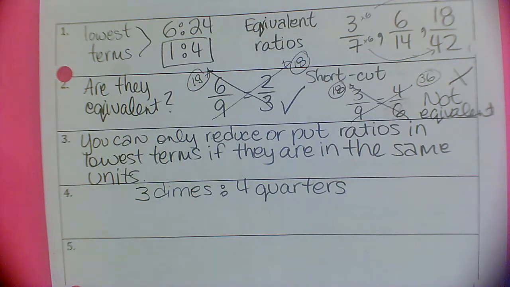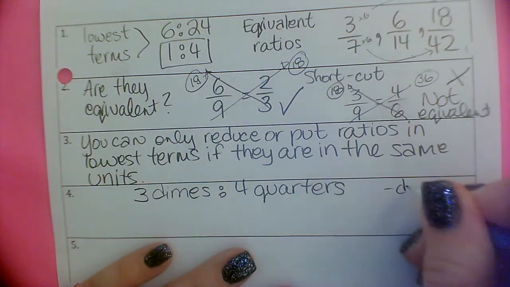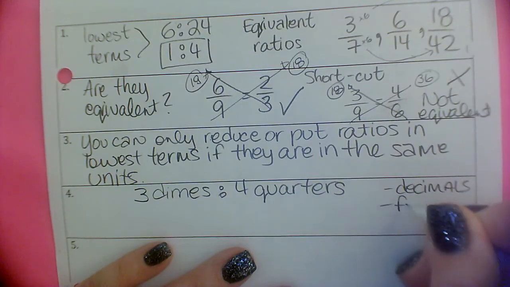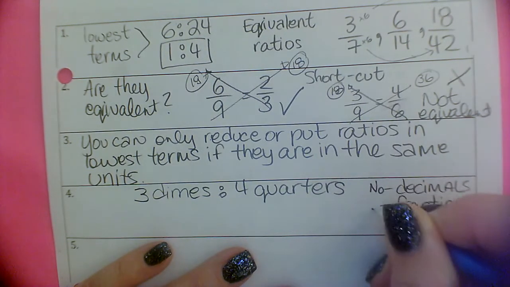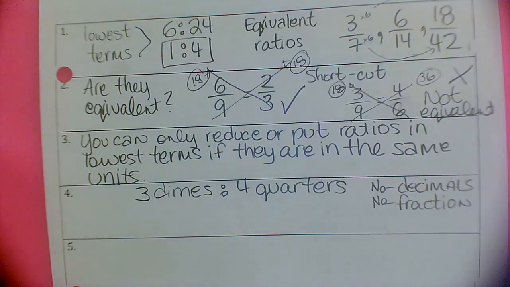So can I make dimes become quarters, and you don't want decimals. You want to try to stay away from decimals. And you don't want fractions. No. Right? And you want to get it as simple as possible.